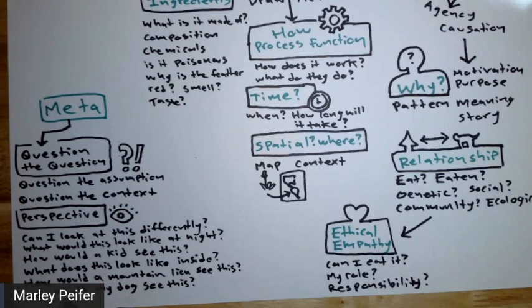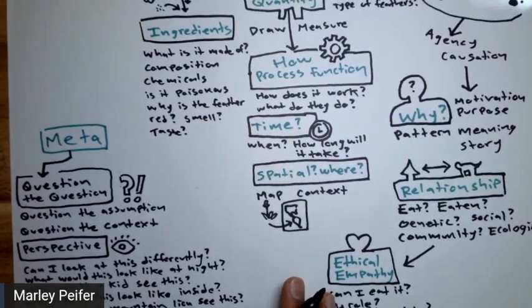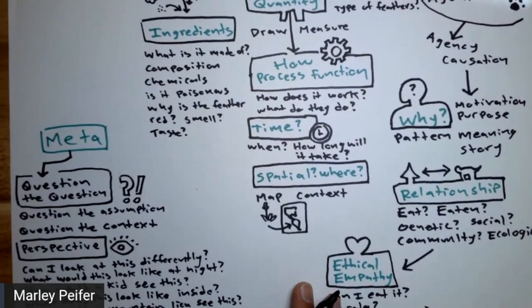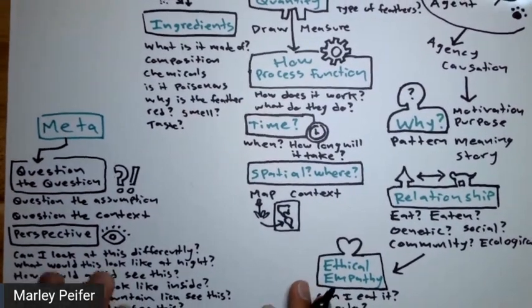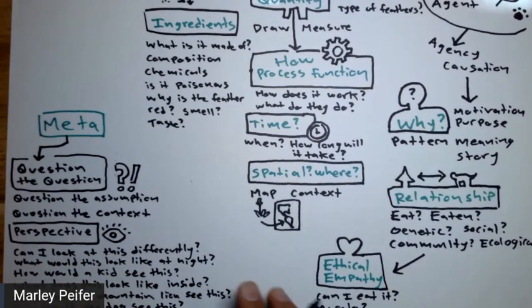How would someone who has a very different belief system from you see this? Those are all perspective questions, super important, and this applies to other aspects of life besides nature journaling, but this can really help you in your nature journaling, in your question asking.